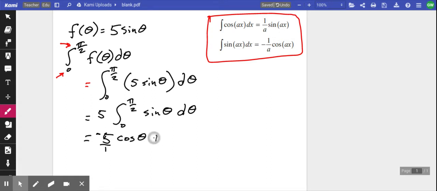And then plus a constant of integration, but the constant of integration will go away. We're evaluating that expression between theta is equal to 0 and theta is equal to pi over 2.